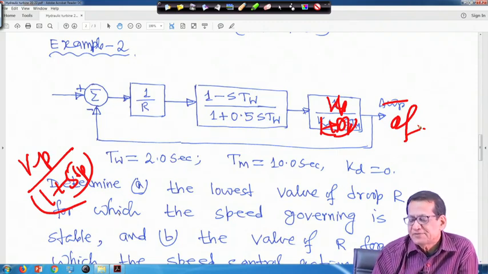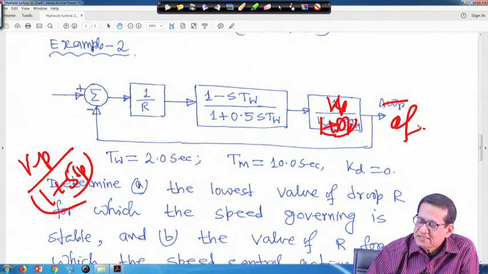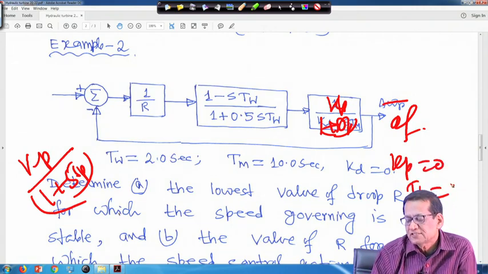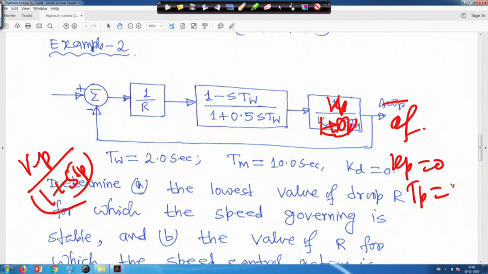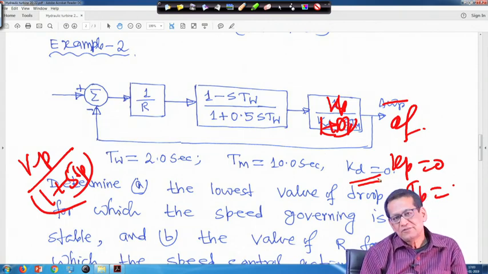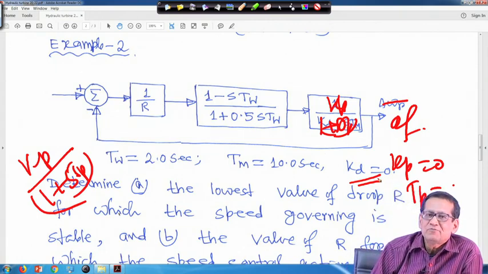So, in that case, if you make a Kp upon 1 plus sTp, at that time your Kp has to be known and Tp has to be known, right, both have to be given. But in this case, what we do is, when we are doing the AGC thing, delta Pd upon delta F is actually D, the damping, that is the D term we are using.